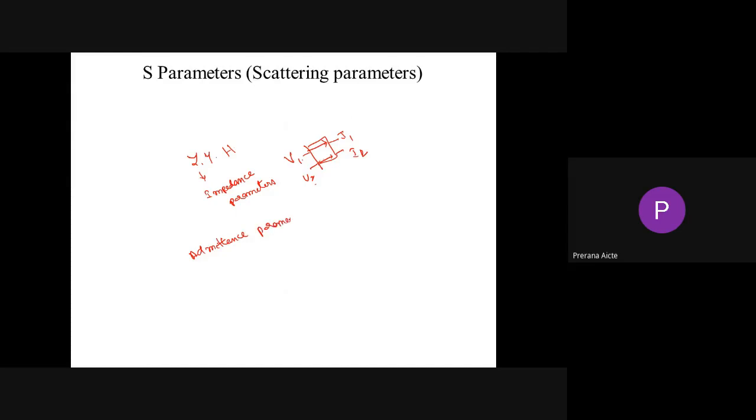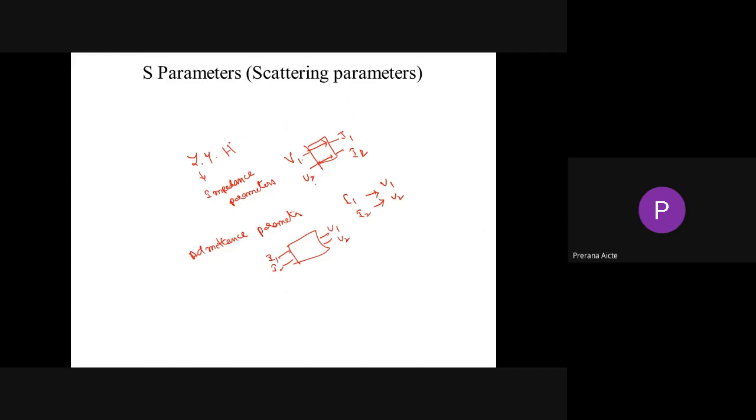And Y parameters are also called admittance parameters. It is any network representing I1 and I2, and voltages V1 and V2. So I1 and I2, these two parameters, are represented in terms of V1 and V2.